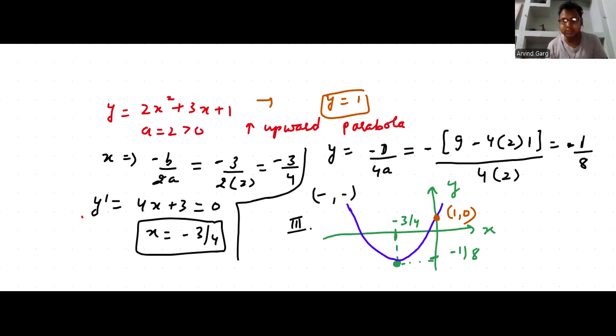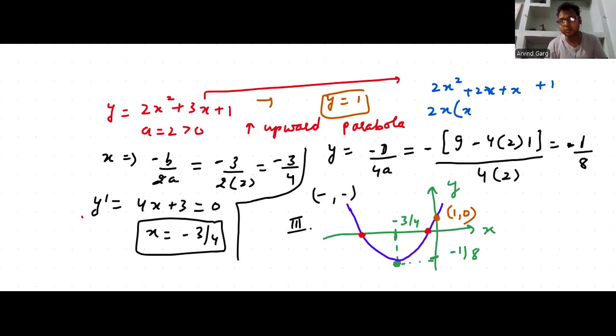These two are the zeros of the polynomial. For example, if you make factors of this, as we all know how to make factors, so can I say this is 2x square, this is 1. So I should write 2x square plus 2x plus x plus 1. If I take 2x as common, you will get x plus 1.